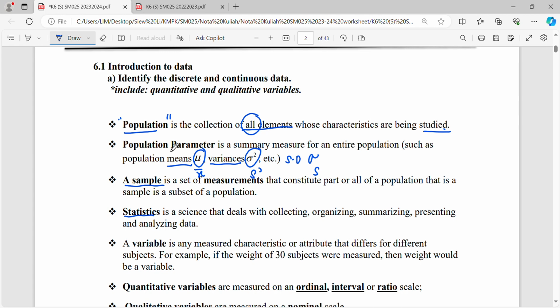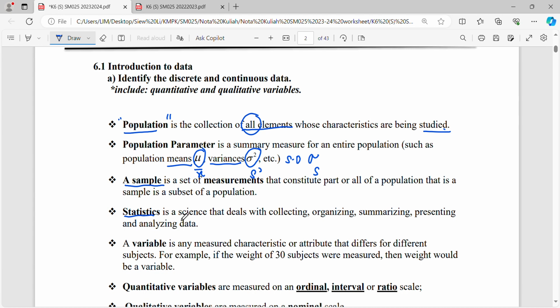The tools that you're going to use to calculate on your data, that is your parameter. So the symbols are different, the formulas are also different. Most of the time what we learn here is about the sample parameter. When you were in SPM, you learned about your population parameter. So at this level we focus more on sample parameter.